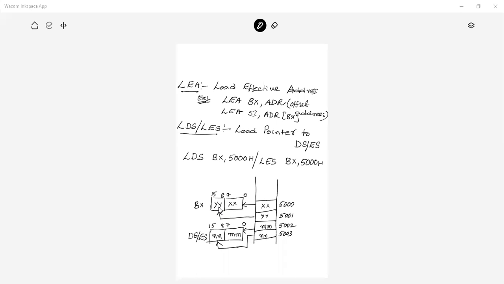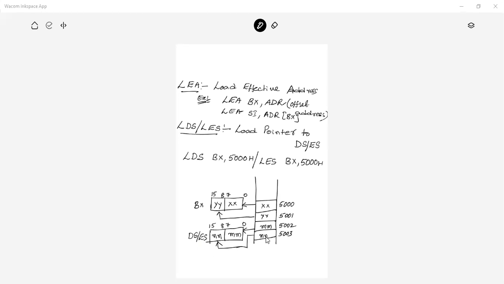This may be the offset address, and the next one, DS or ES, contains the remaining 2 memory location contents. The lower byte is at 5002, and the next memory location 5003 is the higher byte, such that NNMM is the 16-bit base address.